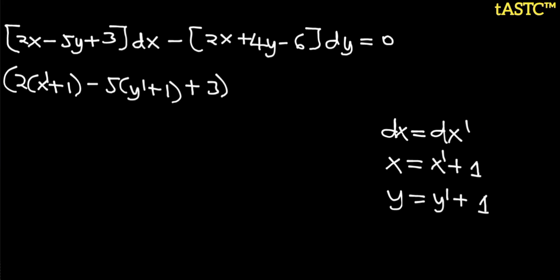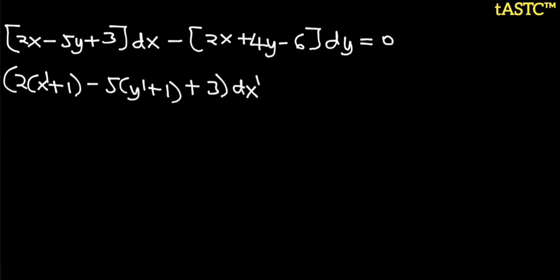So dx is going to be dx prime, and dy is going to be dy prime, right? So I'm just going to write it down here. dy is equal to dy prime. So this is going to be a dx prime. So I'm just going to wipe these ones out.